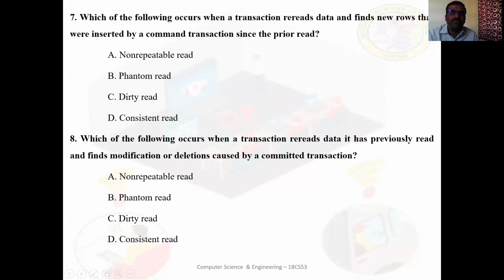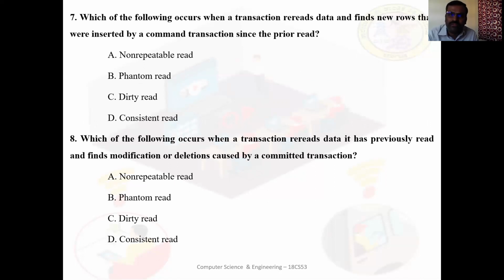Next question. Which of the following occurs when a transaction rereads data and finds new rows that were inserted by a committed transaction since the prior read? A, repeatable read, B, phantom read, C, dirty read, D, consistent read.